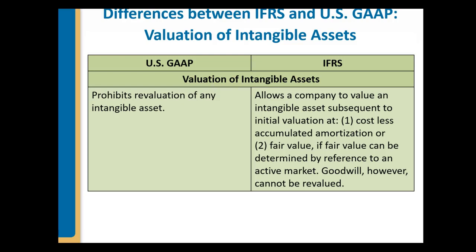But if revaluation is chosen, then all assets within that class of intangibles must be revalued on a regular basis. Goodwill, however, cannot be revalued. But GAAP, on the other hand, prohibits revaluation of any intangible asset.